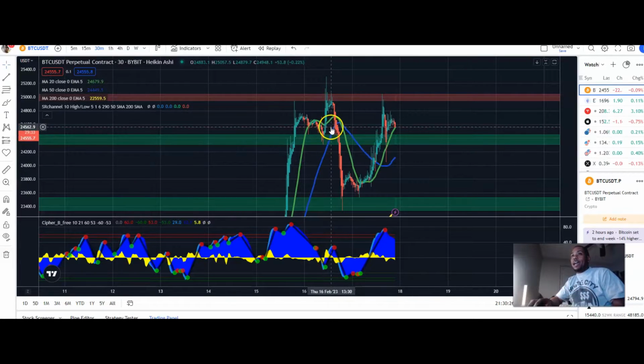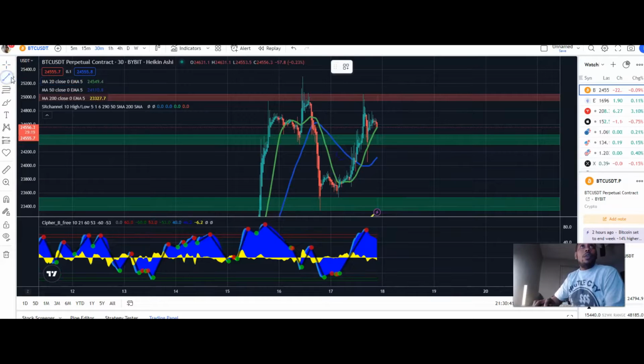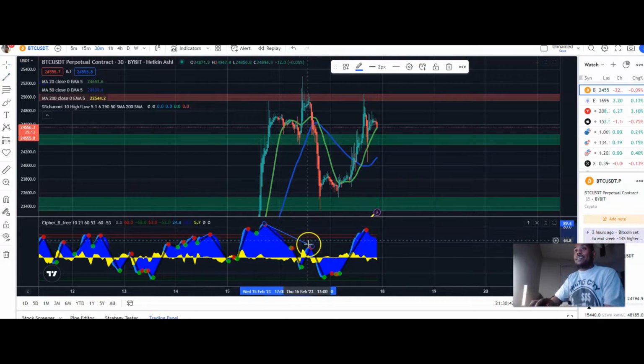But when the next red dot formed, we get this second hump that did not come nowhere near as high as the very first hump. So if we draw it out, we see money flow is coming down, but the price of Bitcoin is going higher.